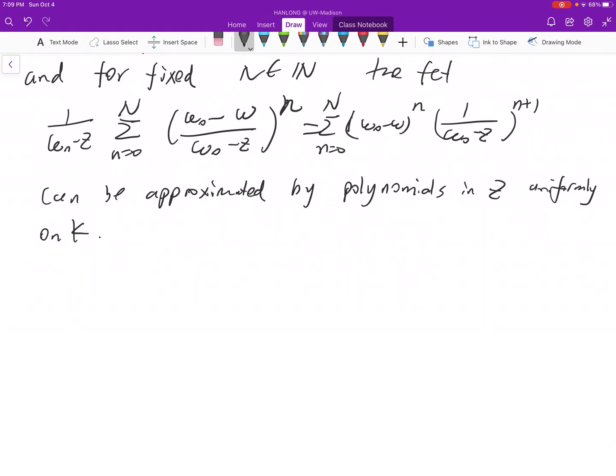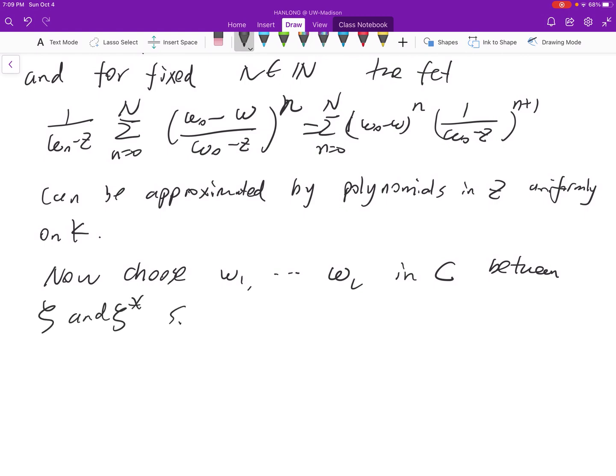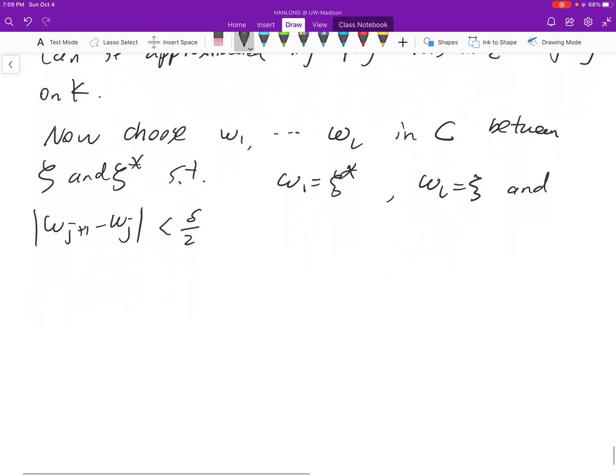Okay, now choose omega_1 through omega_L in the curve C between C and C star, such that omega_1 is C star and omega_L is C, and the adjacent nodes are within distance delta over 2.